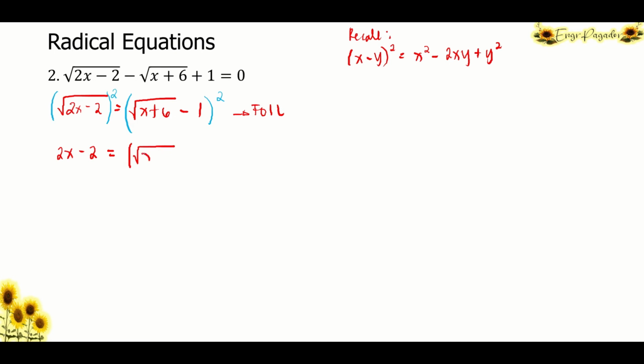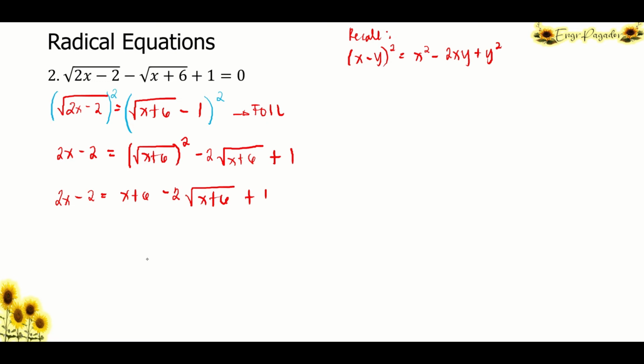So, we have the square root of x plus 6 quantity squared, since yun yung x natin. And then, minus 2 times x, that is equal to the square root of x plus 6 multiplied by y, that is equal to 1. So, wag na natin siyang isulat. And then, plus y squared, which is equal to 1. 1 squared is equal to 1. So, of course, dito, magka-cancel din yung kanyang radical sign. So, we will have 2x minus 2 is equal to x plus 6 minus 2 times the square root of x plus 6 plus 1.